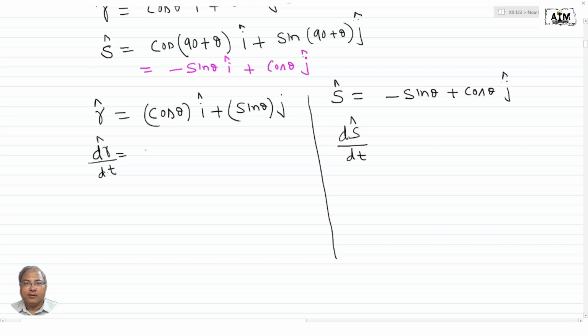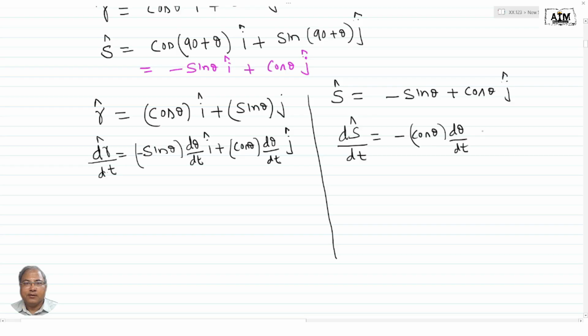The differentiation of cos theta is minus sin theta, but theta depends upon time, so we differentiate theta again with respect to t, giving d theta by dt, I cap, plus the differentiation of sin theta, which is cos theta, again multiplied by d theta by dt, J cap. Similarly, dS cap by dt is minus cos theta d theta by dt I cap plus minus sin theta d theta by dt J cap.